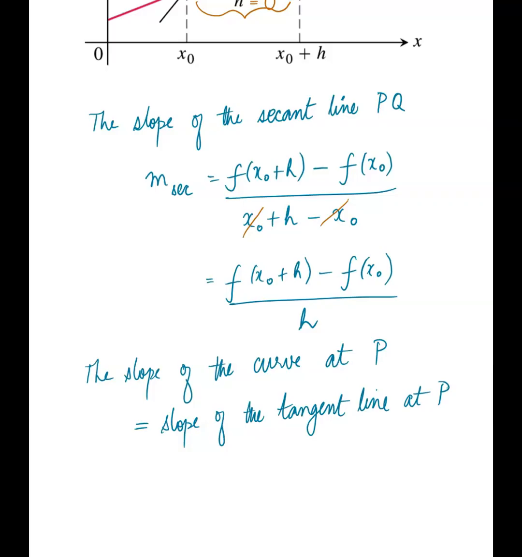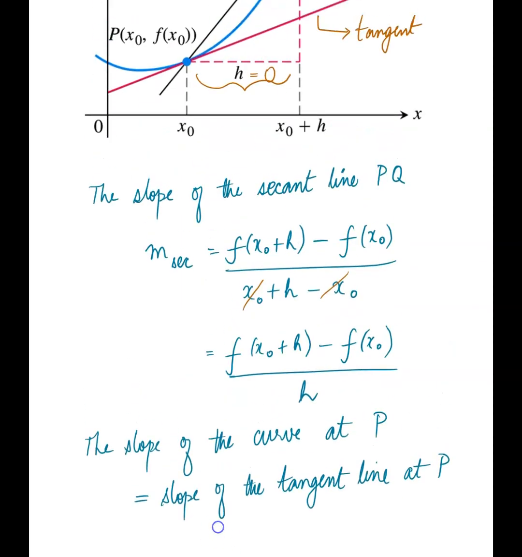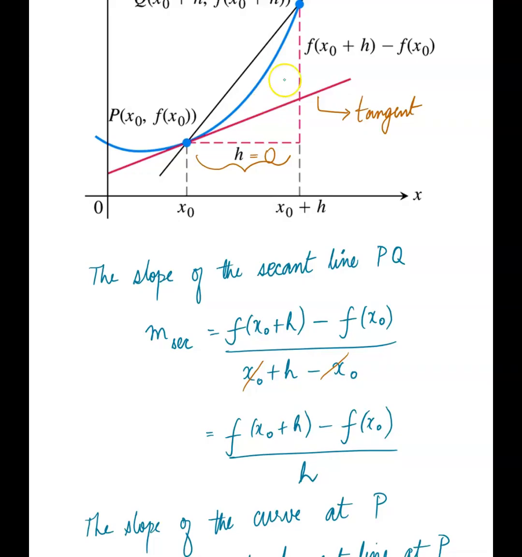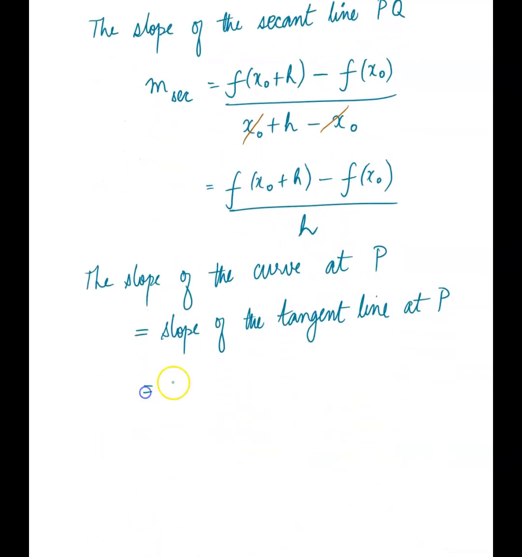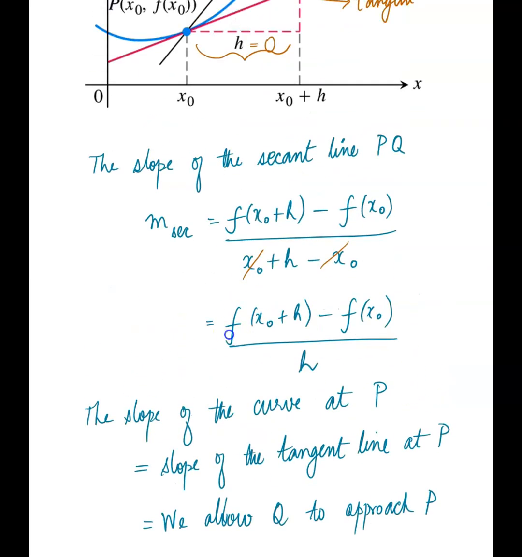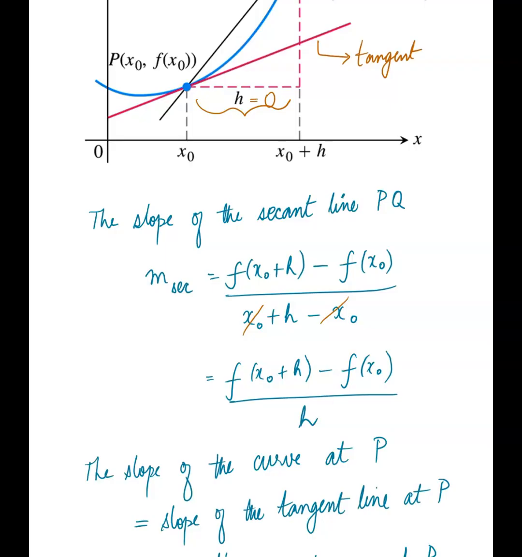And the only way this can be done, because even if it's a tangent line and we want to find the slope of this pink line, we still need 2 points. And what we did was we said, well, the other point is coinciding with P. In other words, we're allowing Q to approach P. And so if Q should approach P, that means h must be 0.